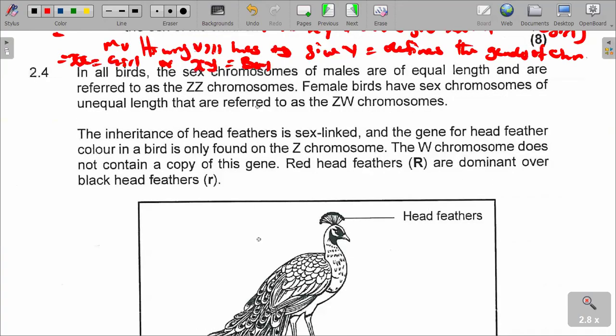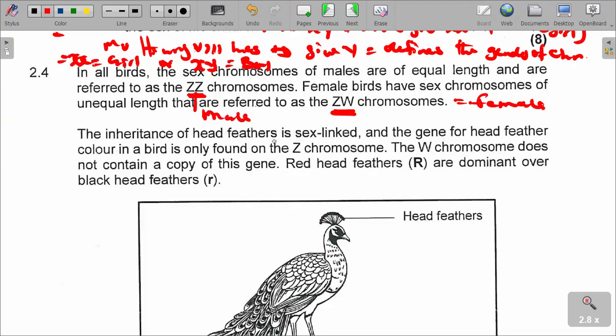We are given this question: in birds, males have six chromosomes of equal length, referred to as ZZ. Female birds have chromosomes of unequal length, referred to as ZW, representing female, and ZZ, equal, represents the male.